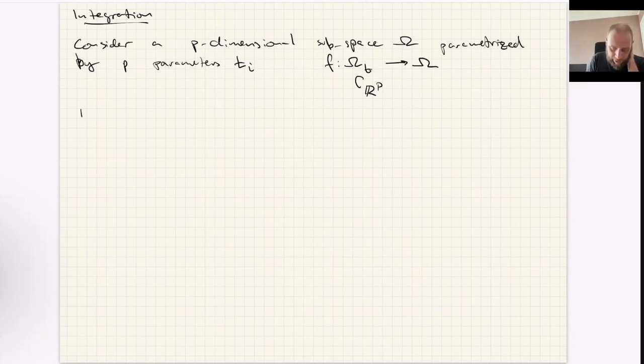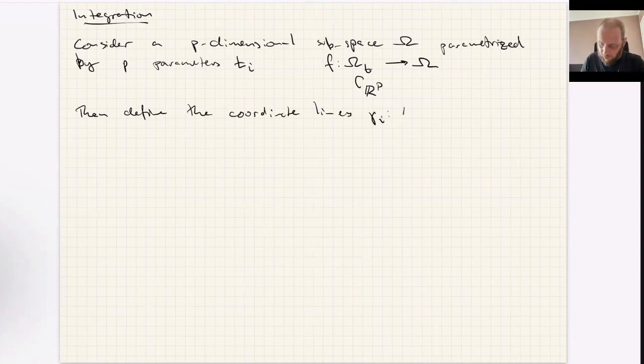And then we can define the coordinate lines gamma i. Those are the lines where you keep all coordinates except for t^i fixed. And those are curves, right? Any coordinate line is a curve because when you change that coordinate, you get the curve.